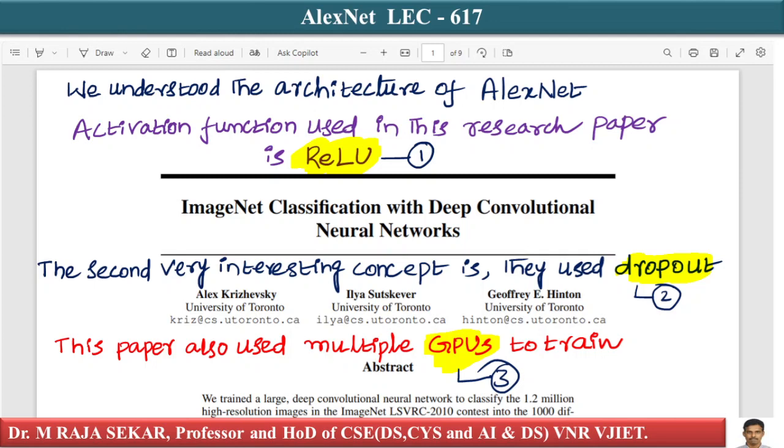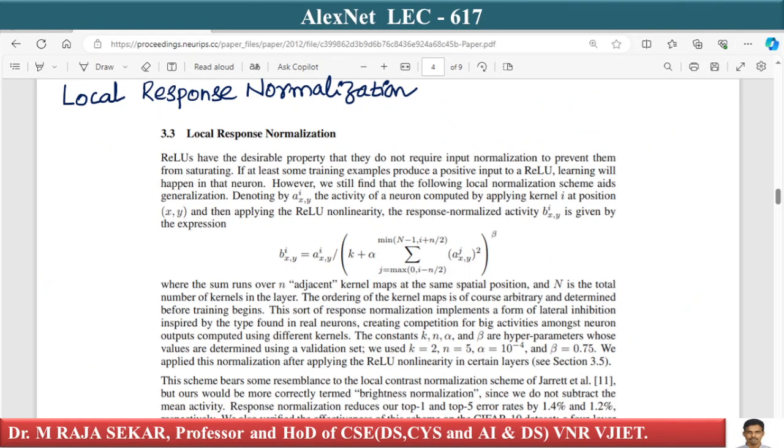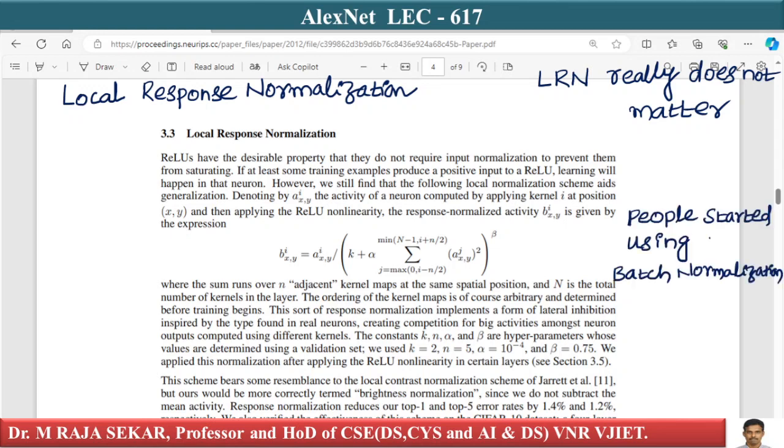There is also one concept called local response normalization, also called LRN. It was introduced as a part of this research paper, but it did not stand the test of time. People eventually said LRN really doesn't matter, and started using things like batch normalization, isn't it?